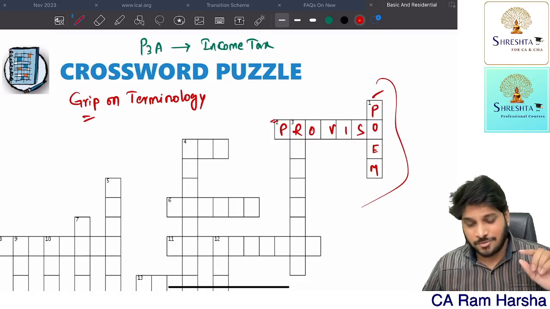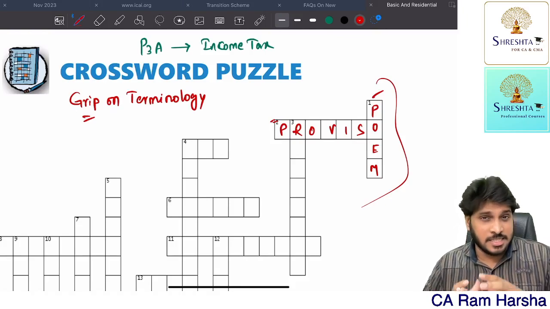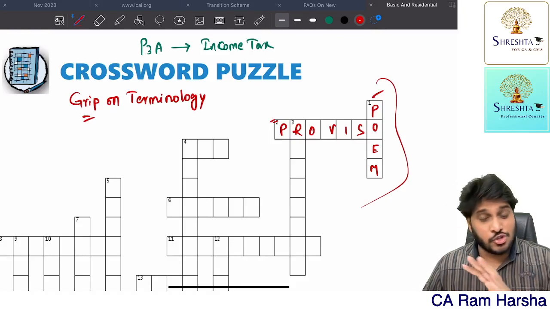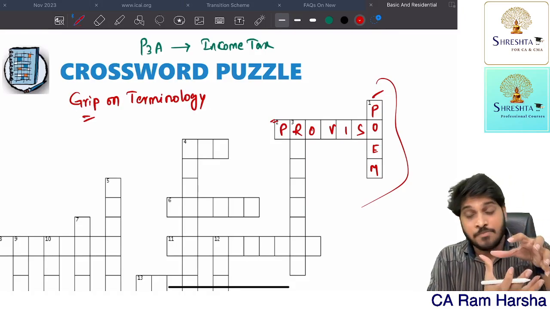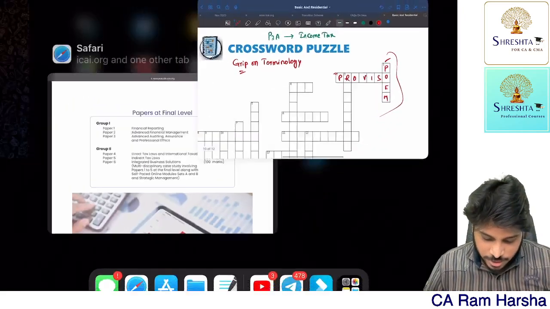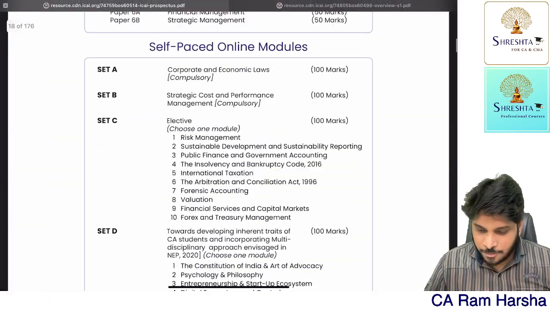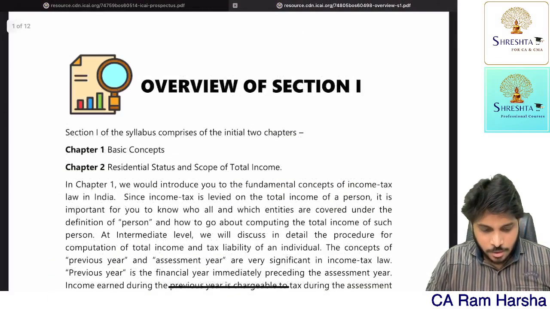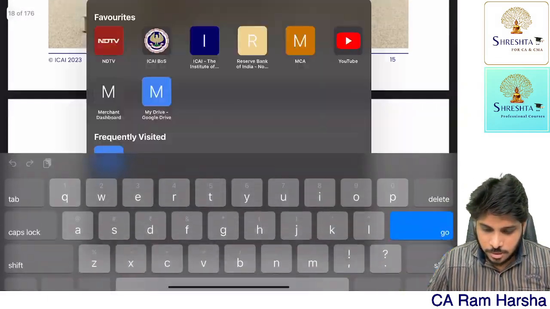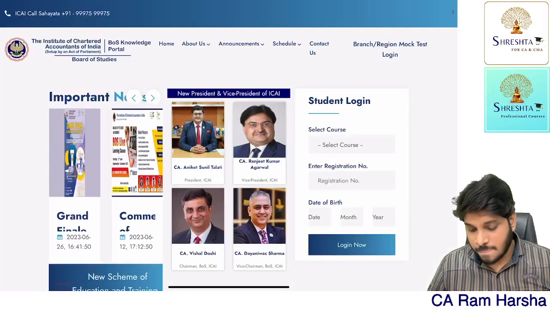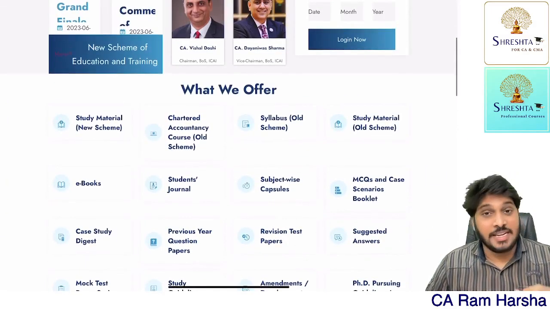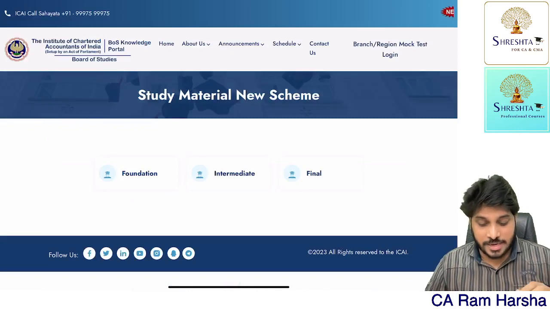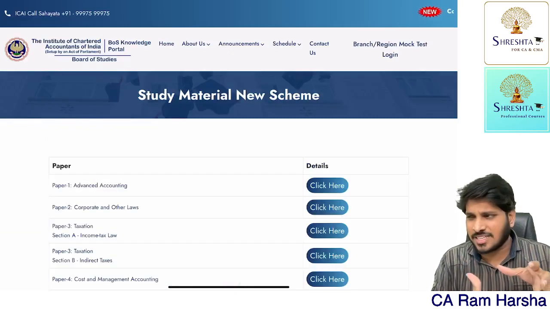So is this puzzle given for every chapter? No. I'll show you the ICAI booklet directly. Just a minute, I'm opening it. The entire income tax has been divided. Your syllabus of income tax had some 12-13 chapters.